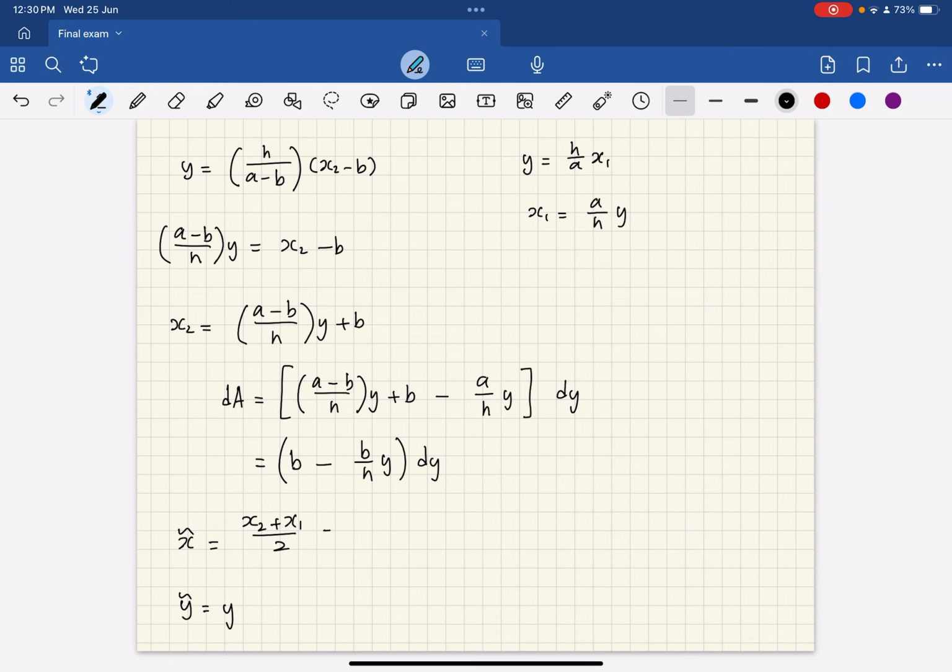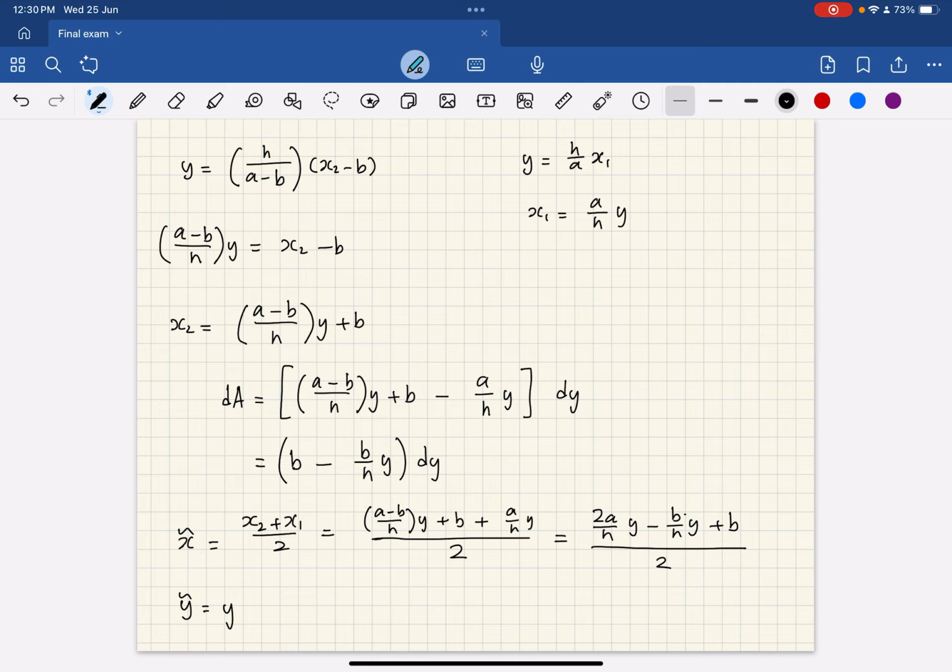And let's just try to simplify this part a little bit so it becomes easier for us. So a minus b over hy plus b plus a over hy, and then we divide it by 2. Okay, what we get here? I get here 2a over hy minus b over hy plus b over 2.